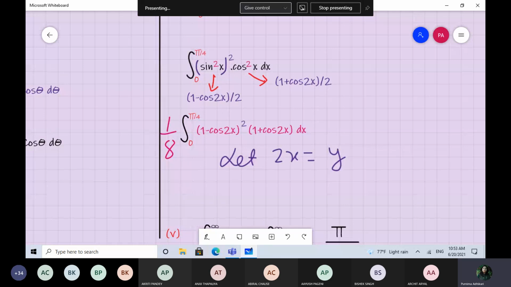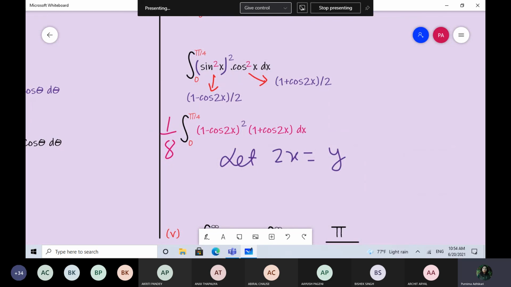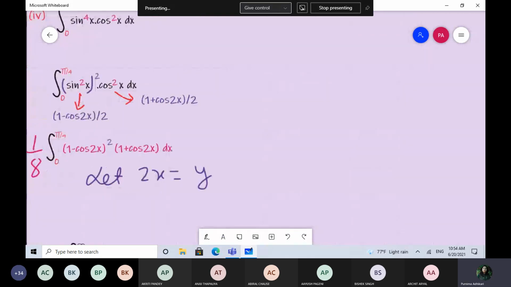In your case, it seems two separate integrals will come. Let's go for it and see. Let's just continue with this. Let's substitute.